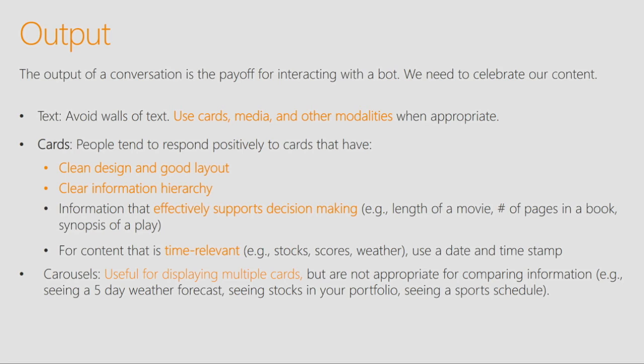So radio buttons, card carousels, pretty much everything you can do to avoid big walls of text coming back at your user. There are times you're going to do that. If you're troubleshooting a technical problem, you're probably going to have some walls of text, but even then you can break it up a little bit.